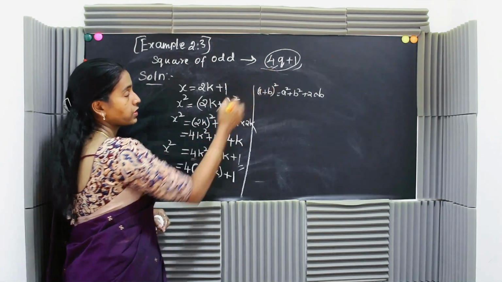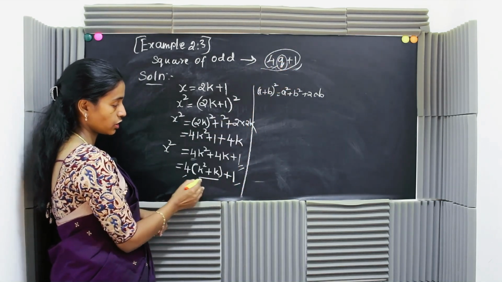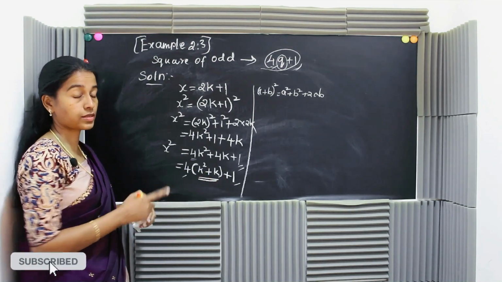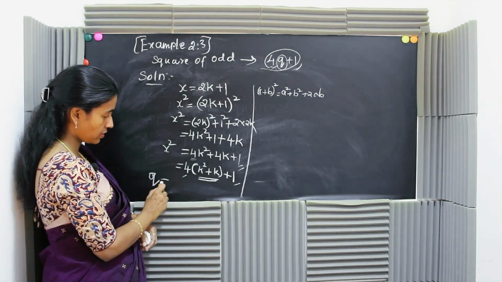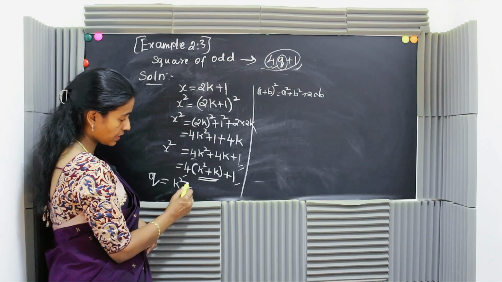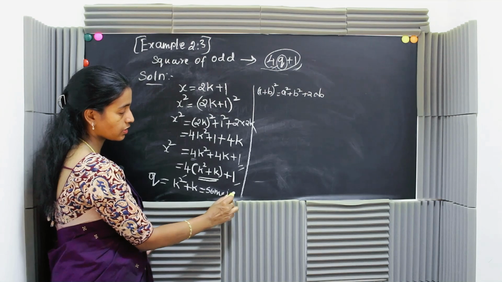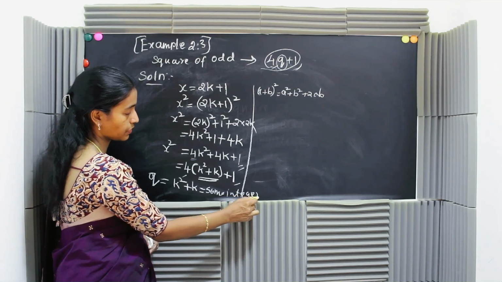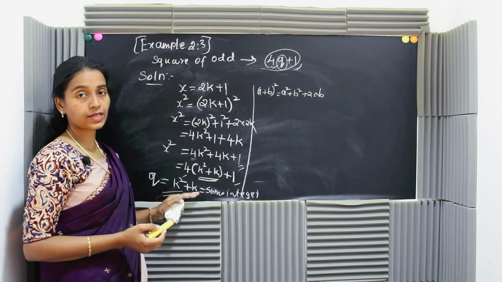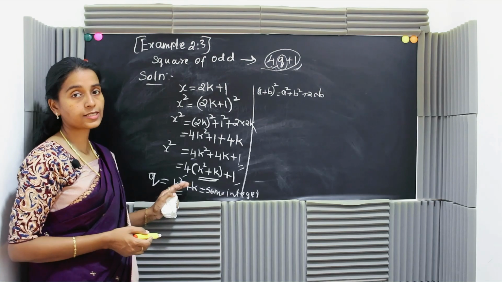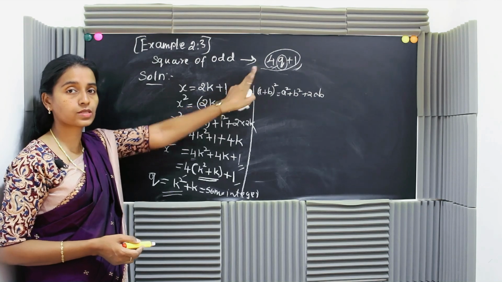Here we got 4 and also 1. Here the q value is k square plus k, which is some integer. Some integer is also mentioned in the question. k is some integer. Hence, it is proved that the square of an odd integer is in the form of 4q plus 1.